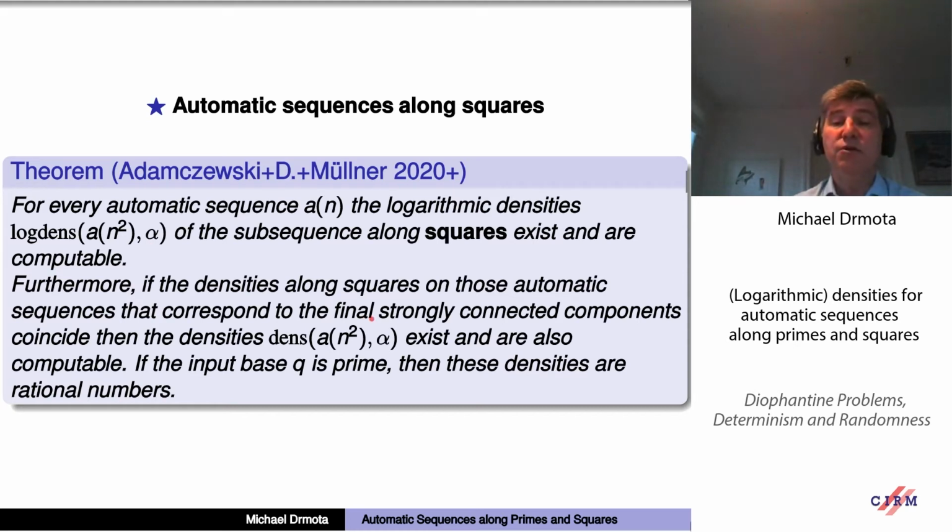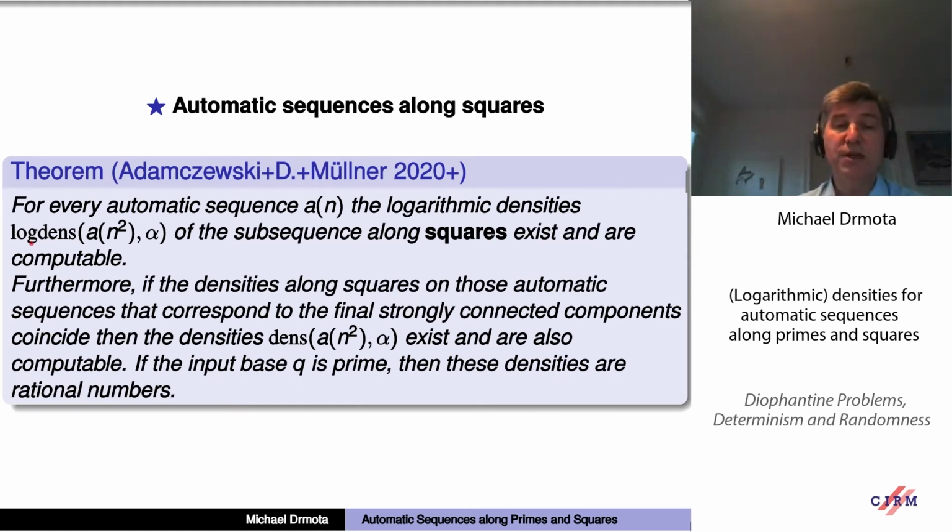If the automatic sequences that correspond to the final strongly connected components have densities that coincide, so that we always have the same density, then we have a density for the whole automatic sequence along the squares. We expect that these densities, if they exist, are always rational. We could only prove this for prime basis, but we expect that it should be true in all cases. So this is a small open problem in this context.